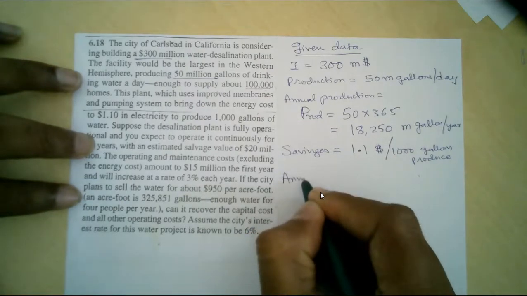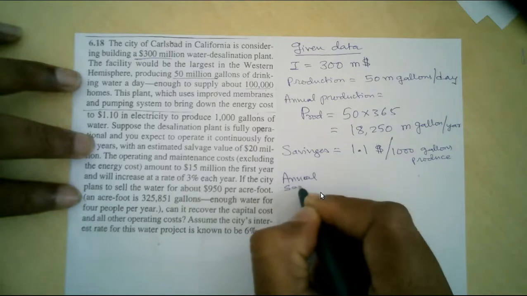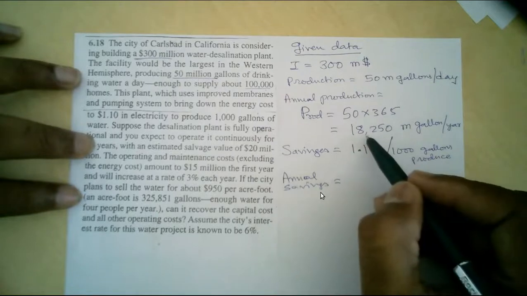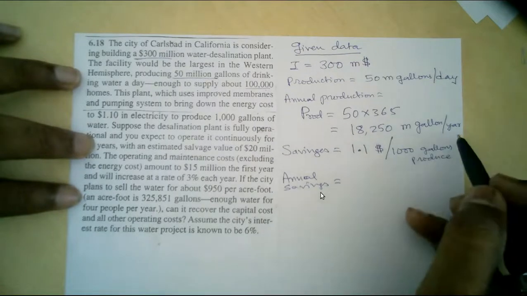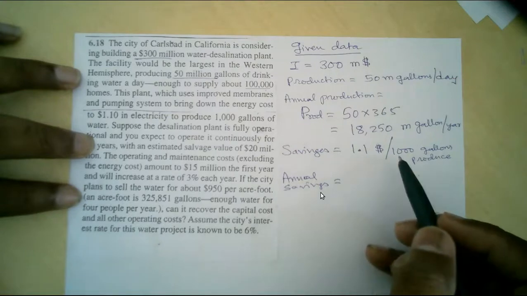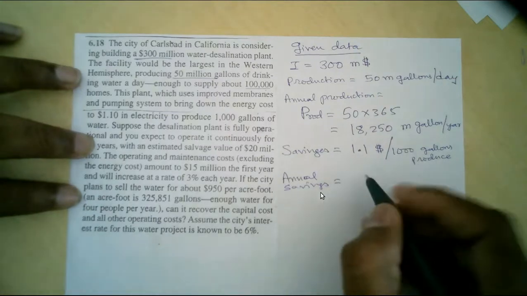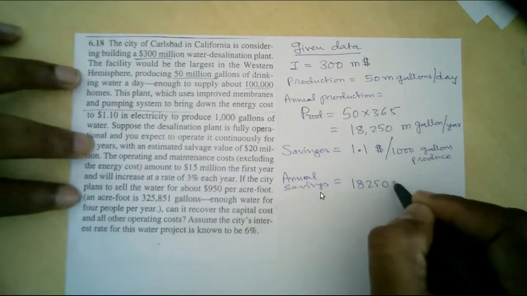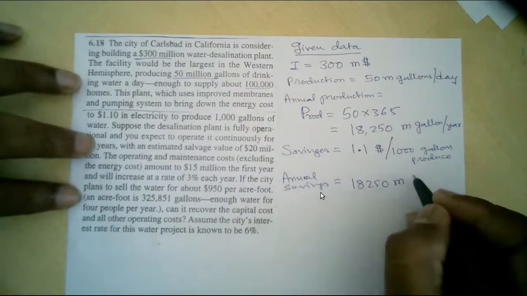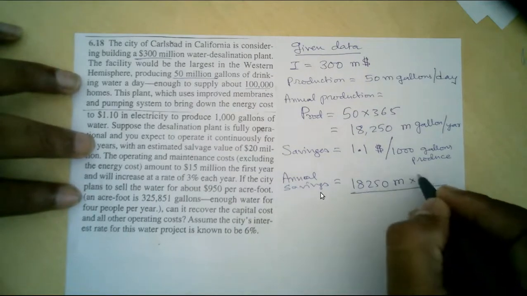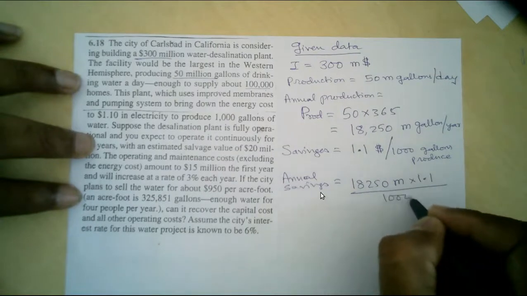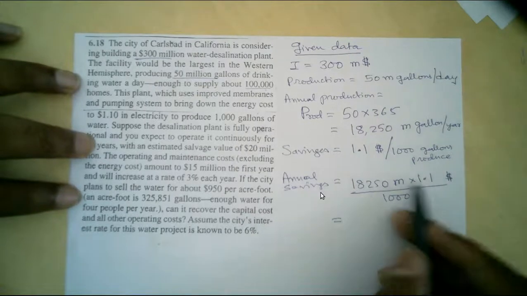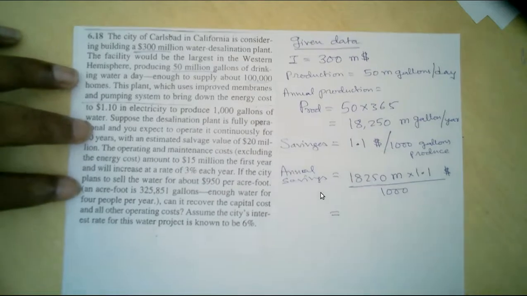Okay, so what is my annual savings? I just have to multiply. The annual production is known, 18,250 million gallons per year, and the savings is known, $1.1 per 1,000 gallons. So I simply do the calculation like this: 18,250 million multiplied by 1.1 and divided by 1,000. So this is my annual saving, in dollars.